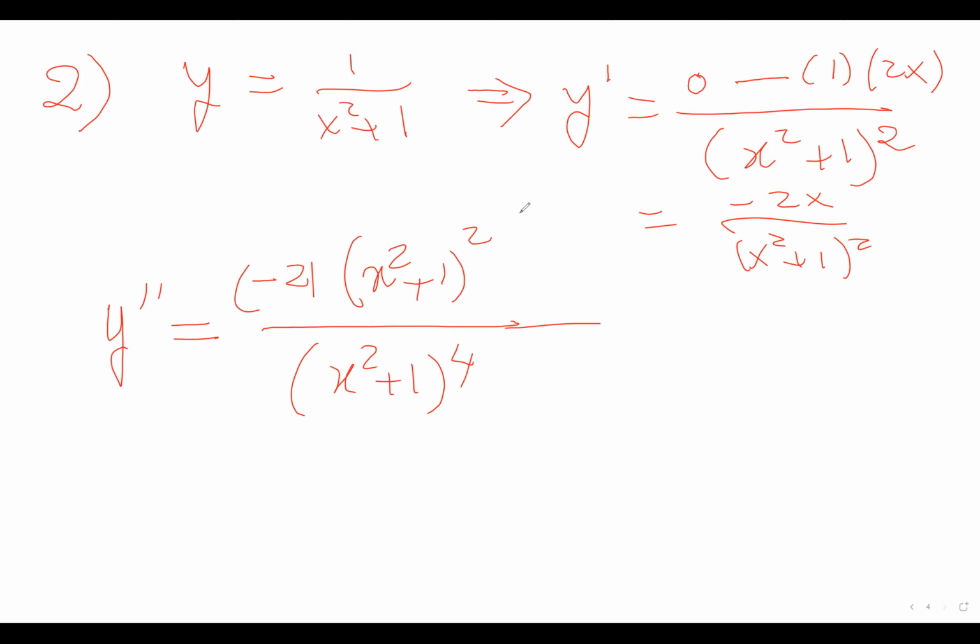Then there is minus, then minus 2x times the derivative of (x squared plus 1) squared, okay? And this quantity needs more attention.